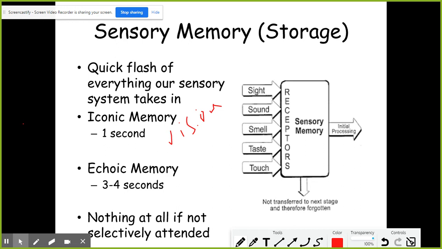That trail that you see is your brain's memory of where your hand just was. Because it's going too fast for our brain to process, like the frame rate is too fast, that trail is your memory of where your hand was a split second before.